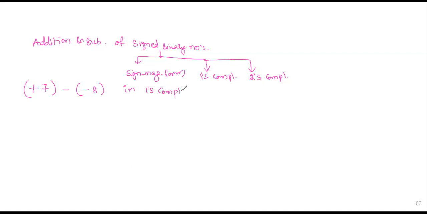All of you do this operation in one's complement form. Okay, everyone do it. Each number represented with 8 bits.